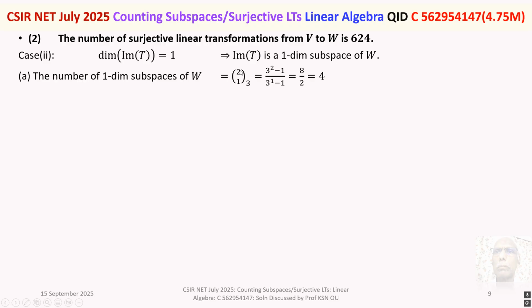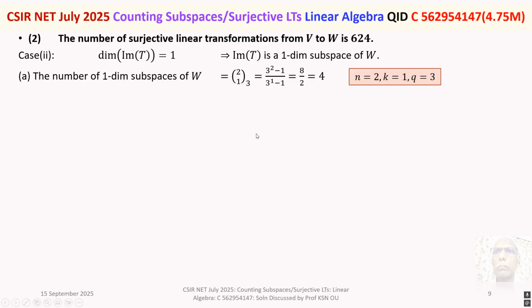The dimension of W is 2. We want 2C1 in F3, that is, with subscript 3. By the formula, it will be (3 square minus 1) by (3 power 1 minus 1), that is 8 by 2, which is equal to 4. In this case, n is 2, k is 1, q is equal to 3.